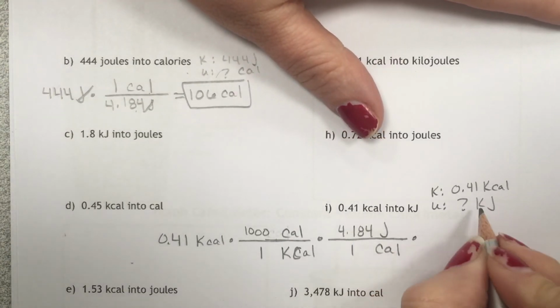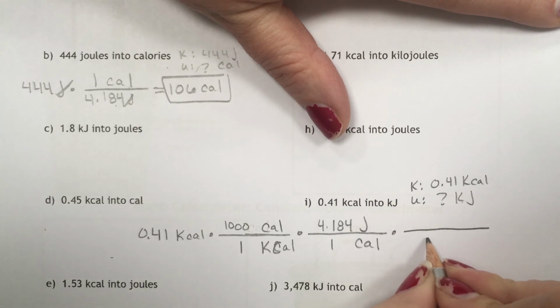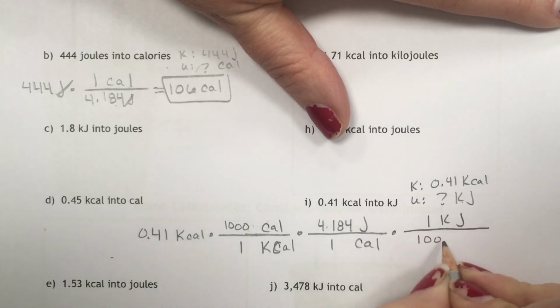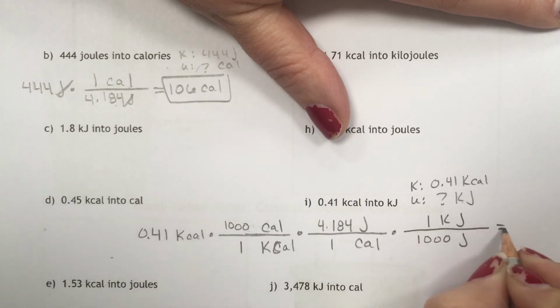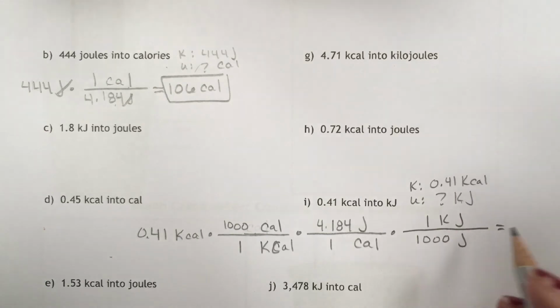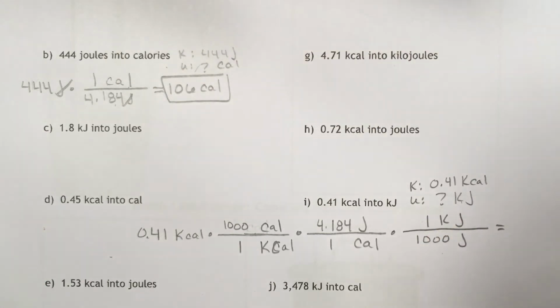Okay, but our answer is not asking for joules, it's asking for kilojoules, right? So that means for every one kilojoule, we have 1,000 joules. Just remember, a kilo means 1,000. If it said milli, which we probably won't be doing, it would be 1,000 millijoules over 1 joule, whatever.